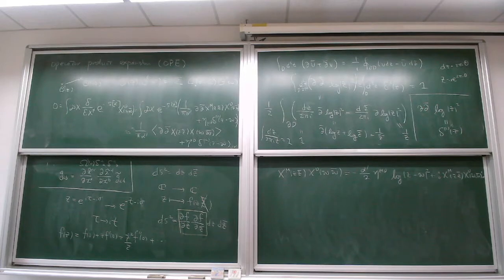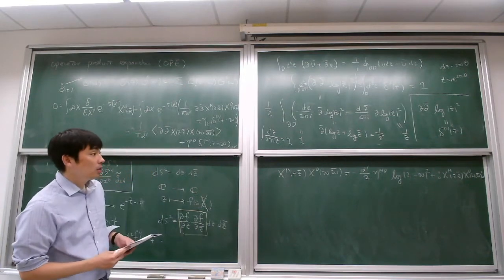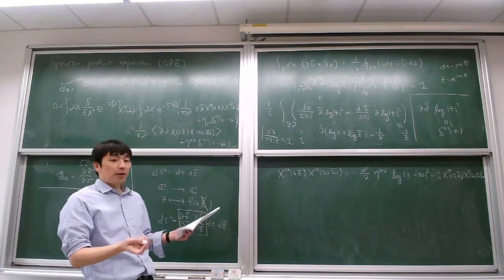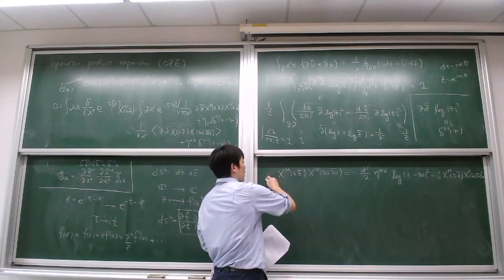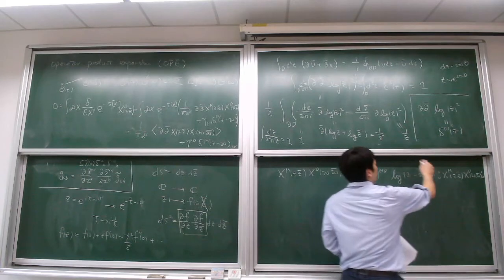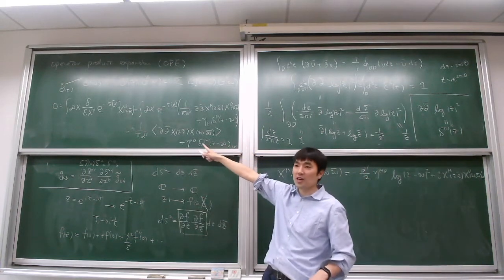Any questions so far? Is it okay? Yep. No, I just got rid of the average. I mean, you can put in the average, then this term vanishes, and you get this equation without the derivative.